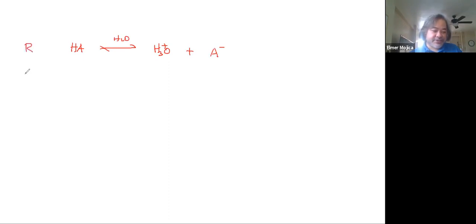So that's the reaction. Initially, based on the problem, you have what? 0.2 molar para-hydroxybenzoic acid and you don't have anything else. Okay? So what are the changes? Anyone?